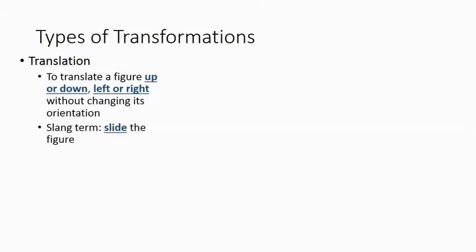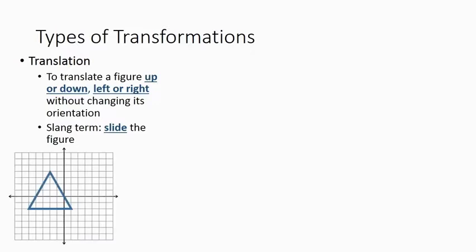The slang term is to slide the figure. So we'll take our triangle and slide it. This triangle moved 1, 2, 3, 4, 5, 6 spaces to the right and 1, 2, 3 spaces up. Right is positive and up is positive, so I'll describe this as x plus 6 and y plus 3.